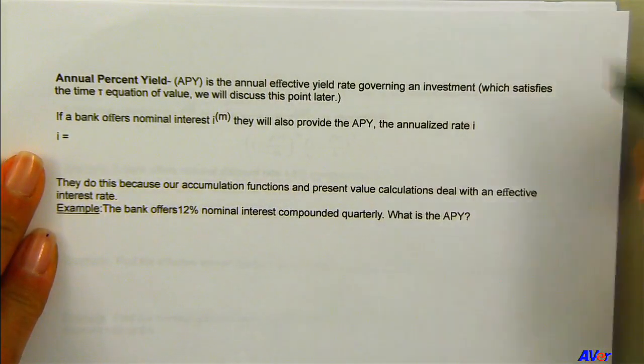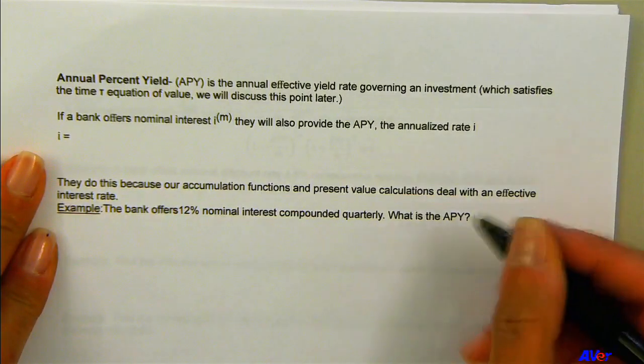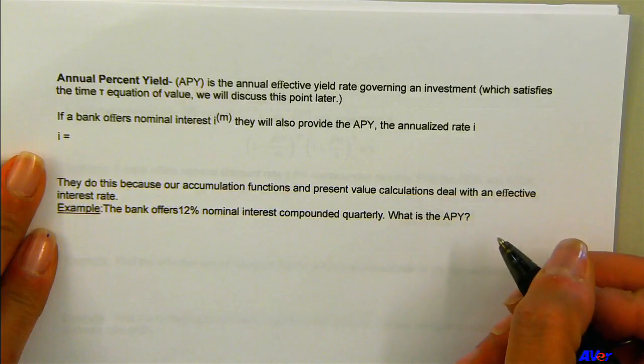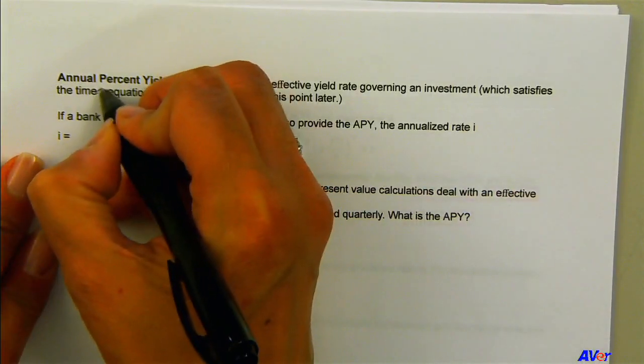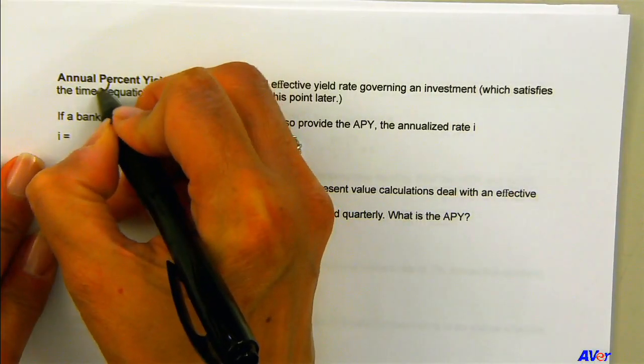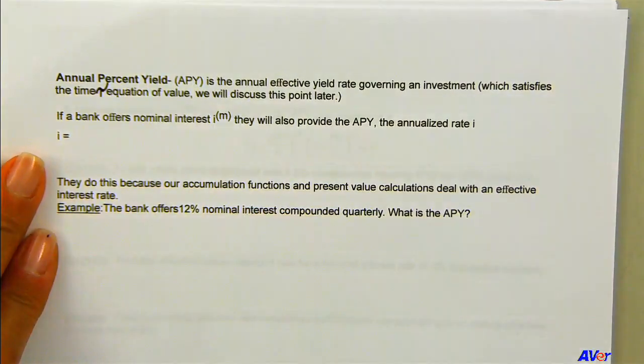Otherwise known as APY, is the annual effective yield rate governing an investment, which will satisfy the time tau equation of value, which we will be discussing at a point later in time. We'll get back to that, in other words.